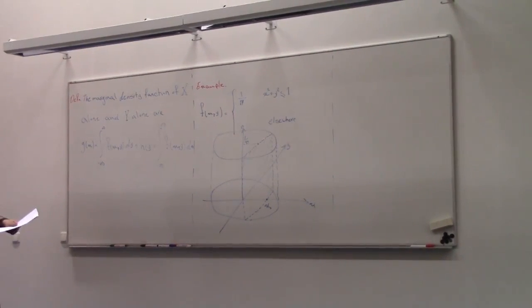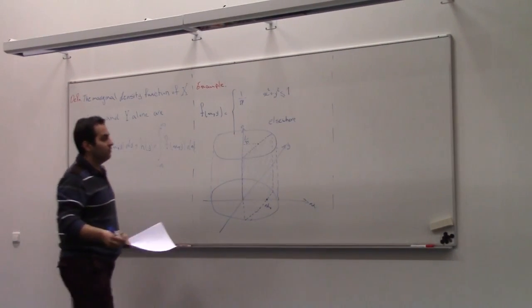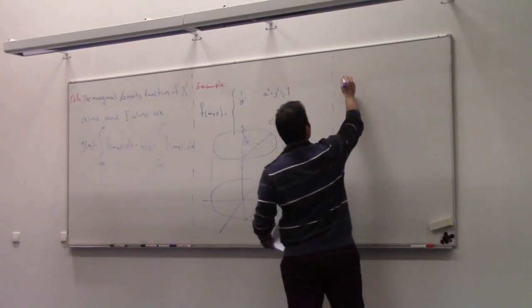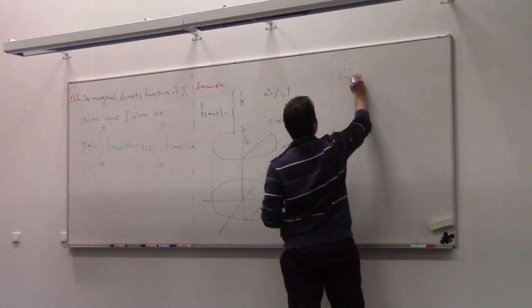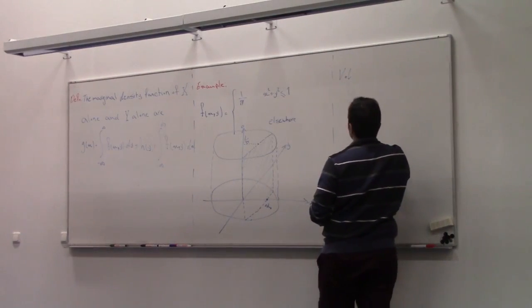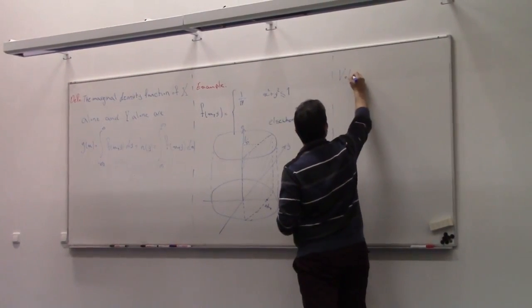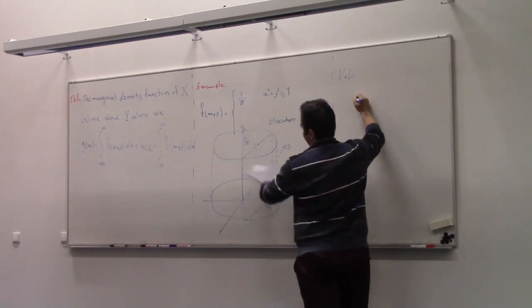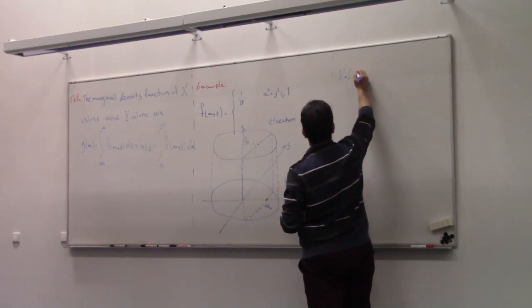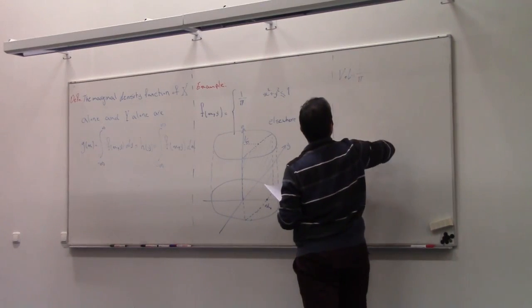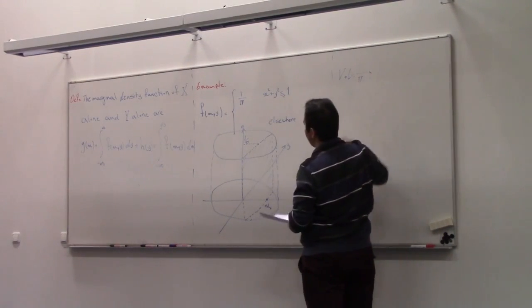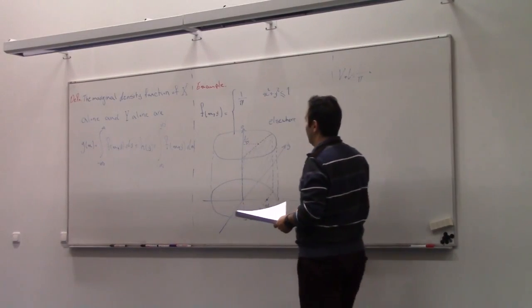You know that for the volume we can write, remember we showed some examples yesterday to find the volume. For volume we can write 1 over pi, the cross section of this plane, the circle, multiplied by the area of the circle.